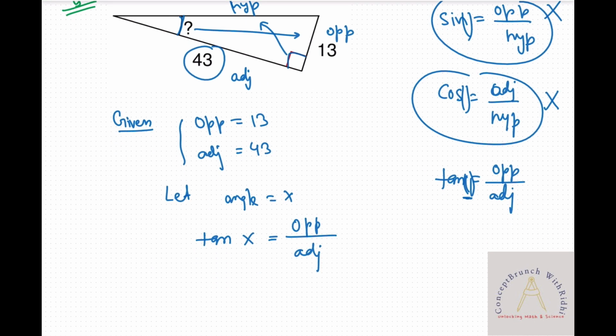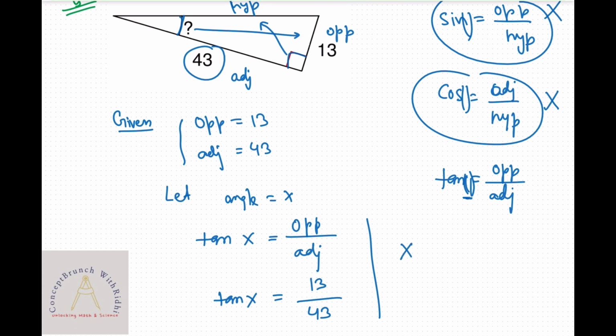The opposite is 13 and adjacent is 43. Now what should we do? To find this, we have to use one concept, inverse. To find the angle x, we have to use the inverse function: tan inverse of 13 divided by 43.